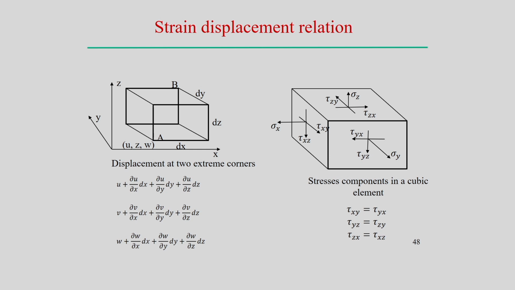Now, the strain displacement relation. We have already seen the strain displacement relation in the case of the two dimensional element, how we can relate strain and displacement, because this is also necessary, and we explained this when looking into the strain displacement relation.